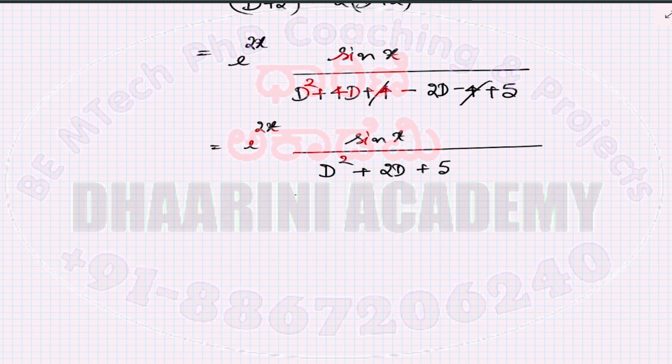Now this part is actually a type 2. So I need to make sure that I replace D² by −a². A is 1 here, so I have to replace it by −1. Replace every D² by −1. That's our objective.